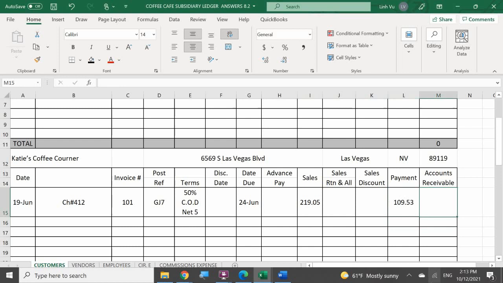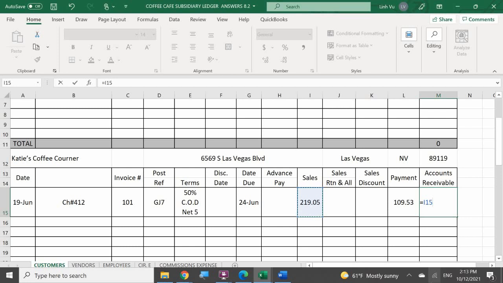So how much was that check amount for? 109.53. Because we're dealing with a customer, the formula applies the same way as with a vendor, except the titles are different. We start with our sales. She owes me $219.05.